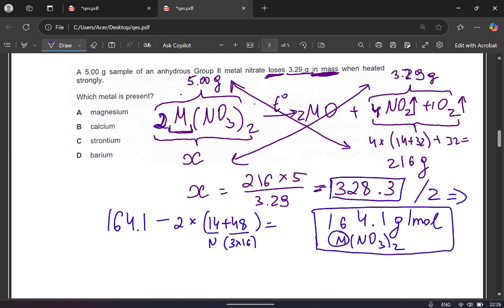Now we can subtract and find out that the molar mass of the unknown metal is 40.1. If we look at the options given, the correct answer is B, because magnesium is incorrect since its molar mass is 24. Strontium is also incorrect, and barium is also incorrect, and the molar mass of calcium is 40.1. So this is the option that we have.